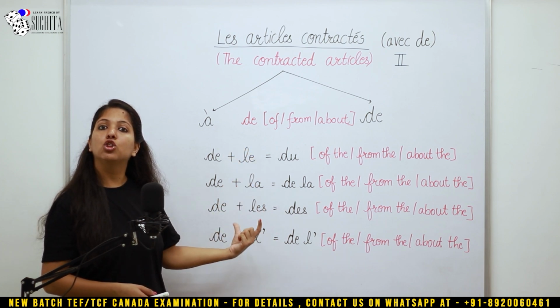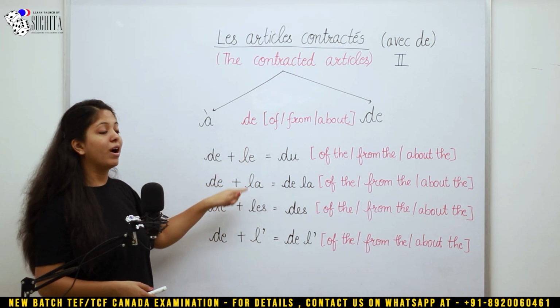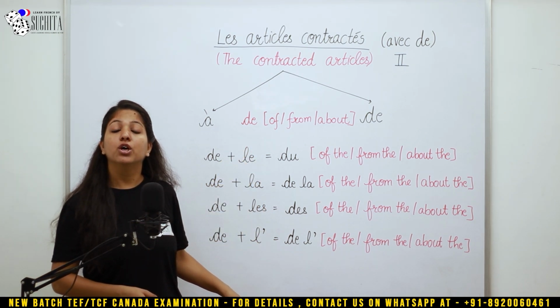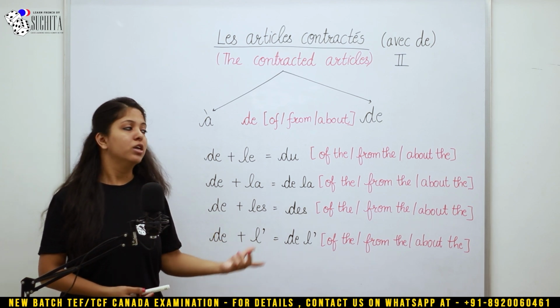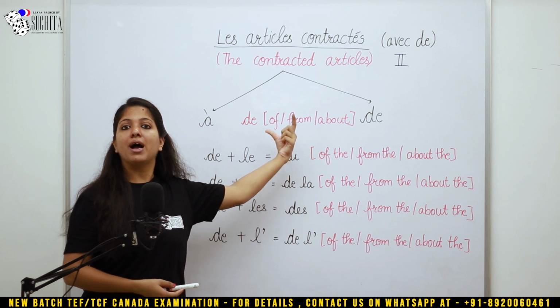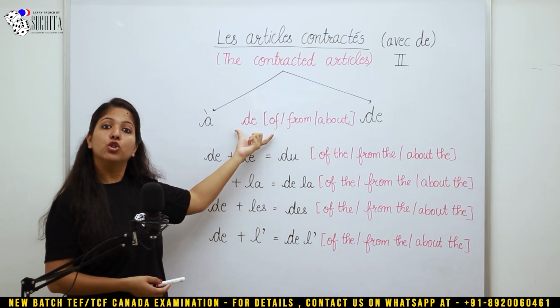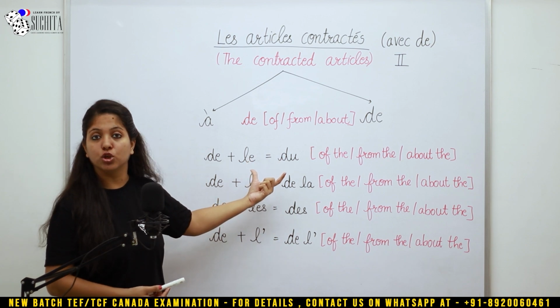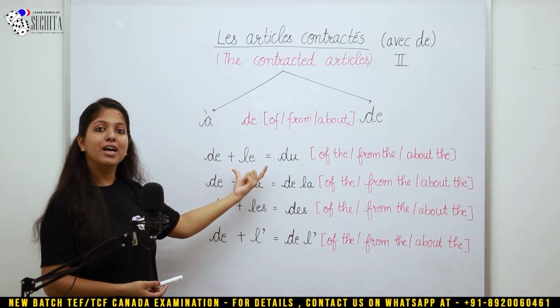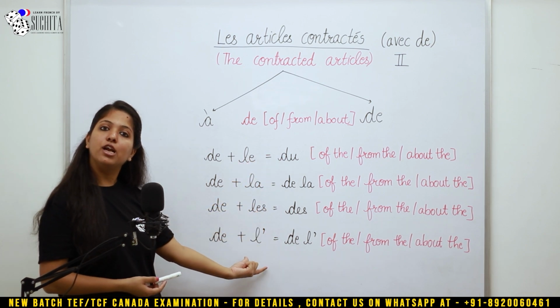All of them mean the. So you have four options arising here. I want to add the to of, from and about, so you will add le, la, les, et l'apostrophe to it.